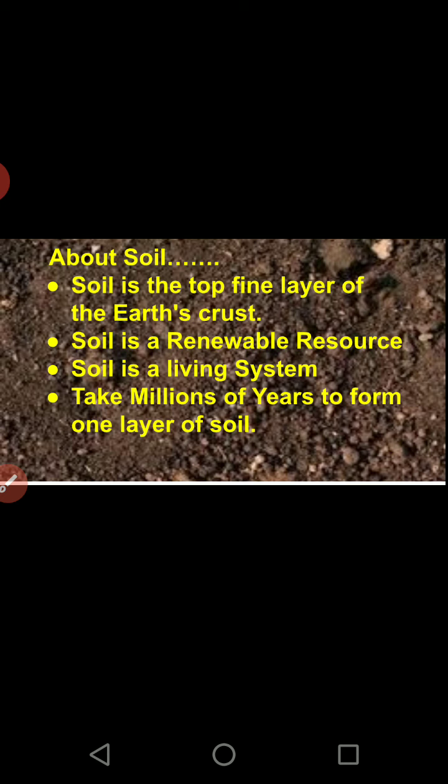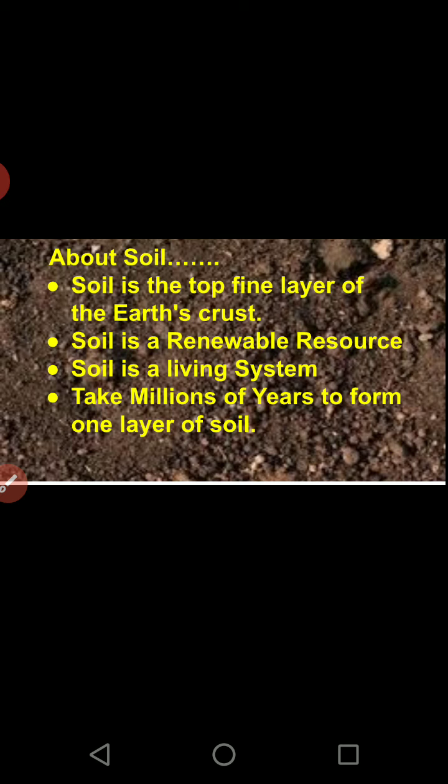Yes, it takes millions of years just to form 1 centimeter of soil, but because the process is continuous, the formation occurs on a large scale, and as a result we call it renewable. But because it takes millions of years, some scientists also say that it is a non-renewable resource. So we can deal with it both ways. Our textbook has given us soil as the renewable resource.